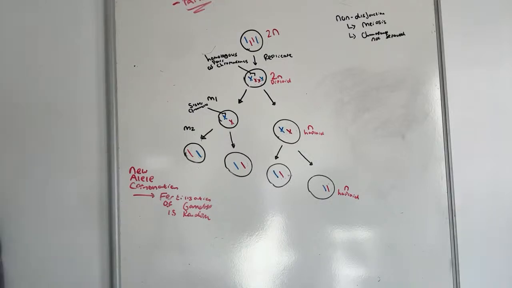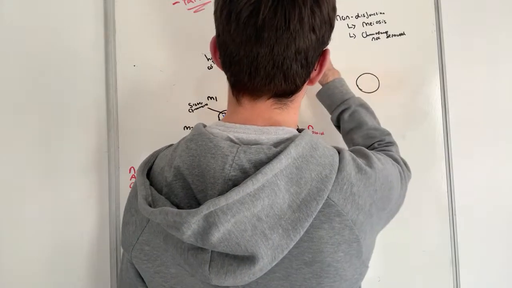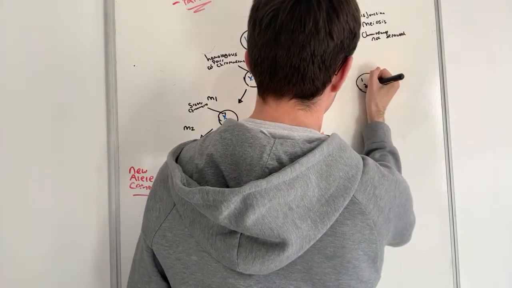So it's showing chromosome content of a diploid parent cell is 4. So 4 is 2n. So it's showing us this stage here, where you have 1, 2.